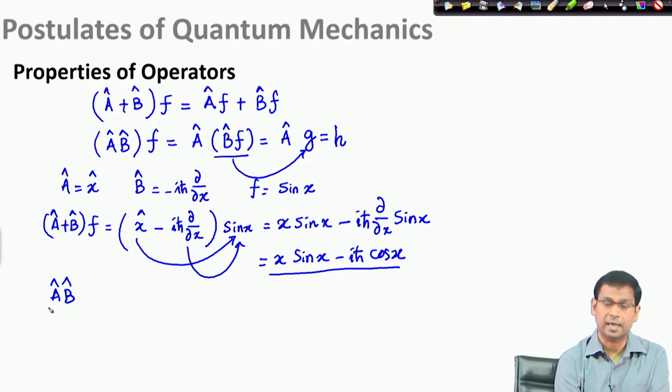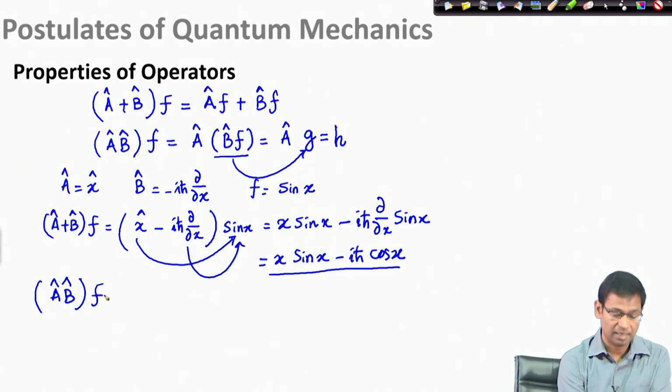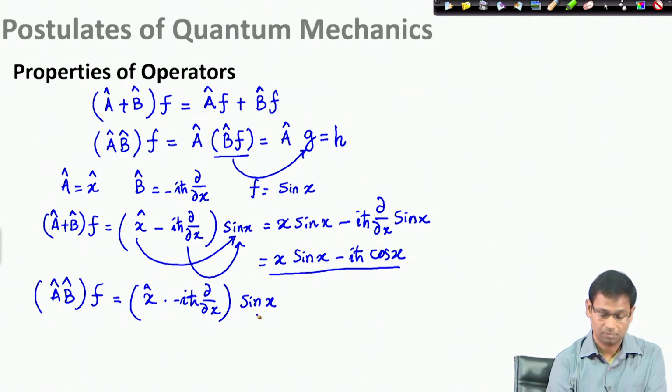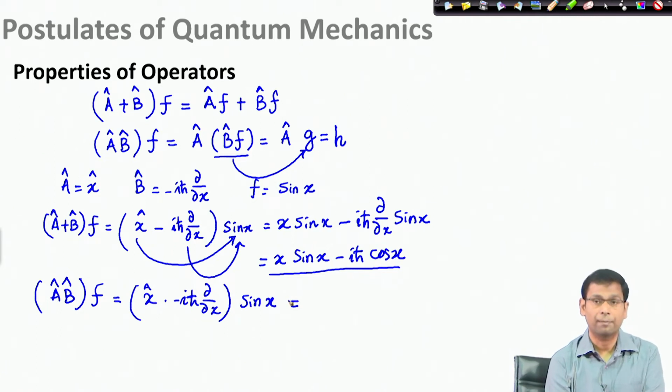use the same operators A B, but we would apply the product rule. So, now what do I have? We know that if there are two operators A B which are multiplied and they are being acted on a function sin x, I can apply the second operator first onto the wave function.